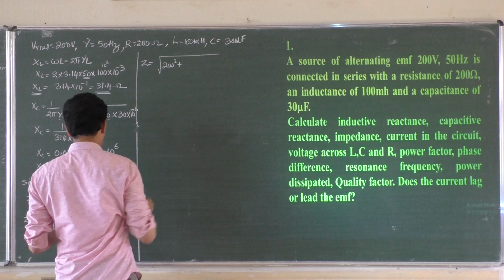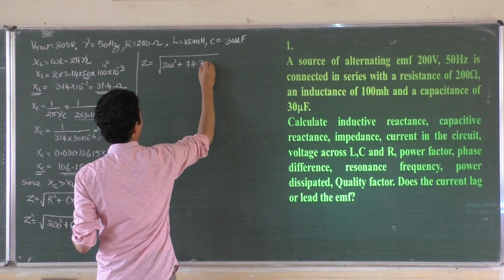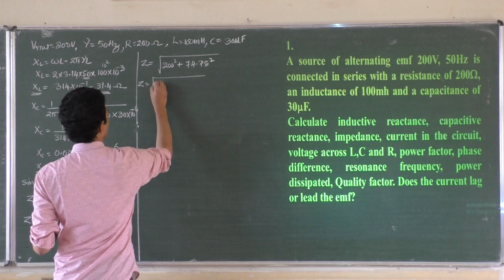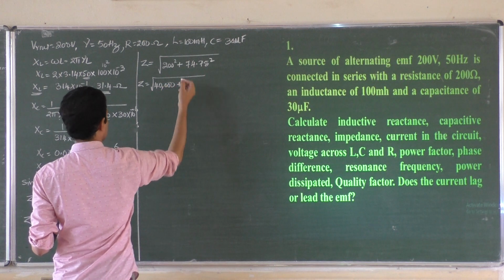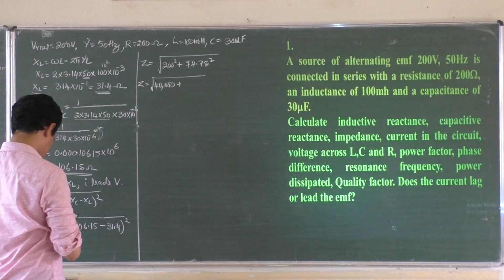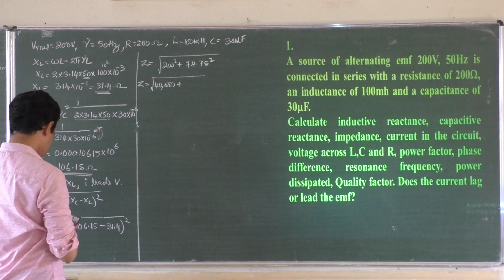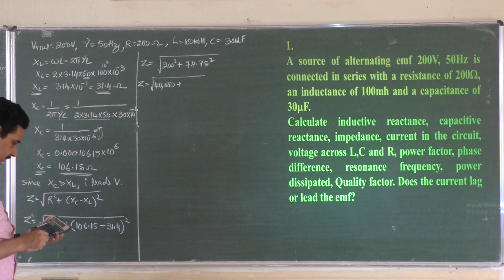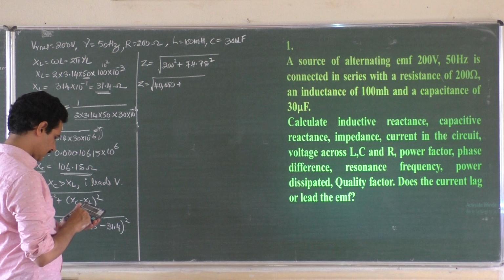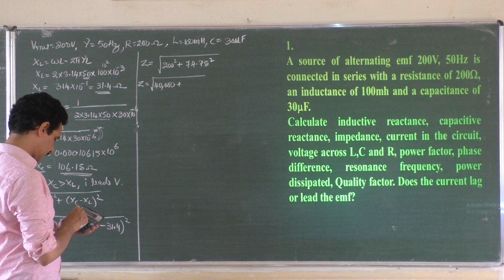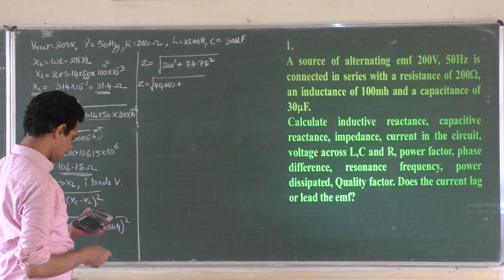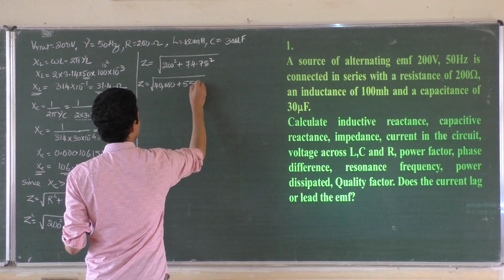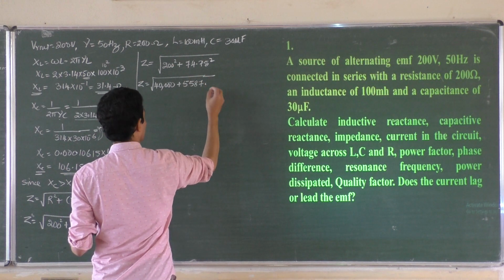Z is equal to root of 200 square plus 74.75 whole square. Z equal to root of 40,000 plus 74.75 into 74.75, which comes to 5,587.56.